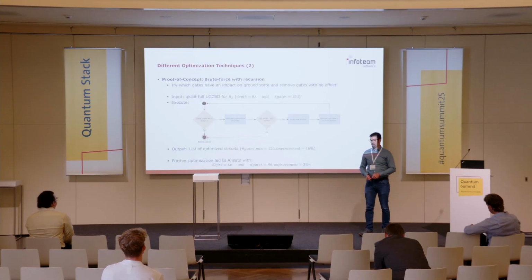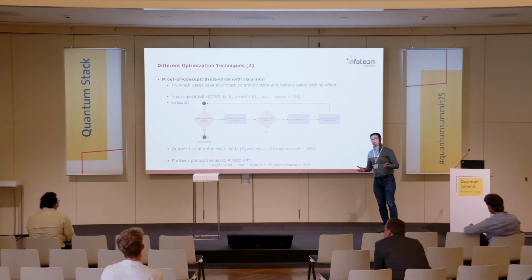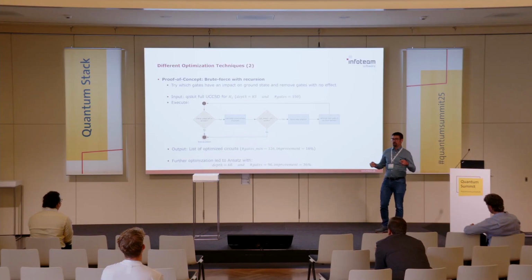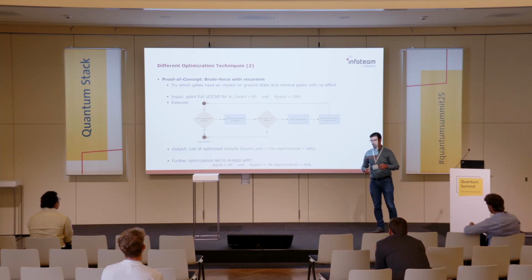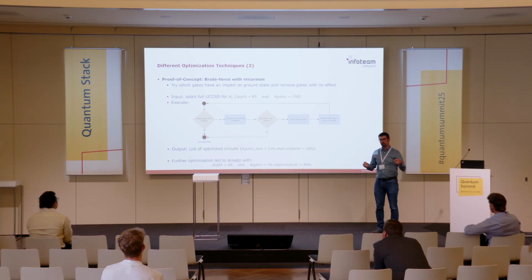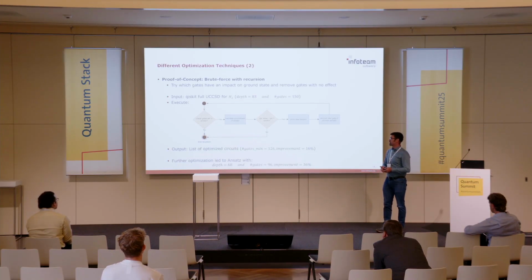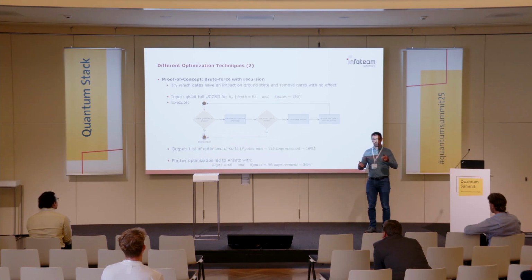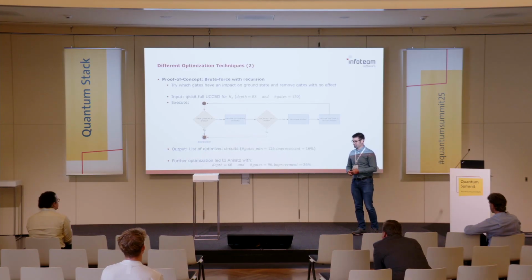So we started out with a little brute force proof of concept with integration, integrating recursion. We use as a starting point the full UCCSD ansatz from Qiskit that is provided, that has 150 gates. And then we calculate the ground state and just remove randomly a gate from the ansatz. And then we calculate the ground state and see if we have deviations in the resulting ground state.